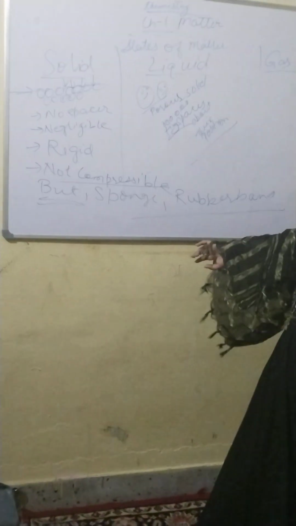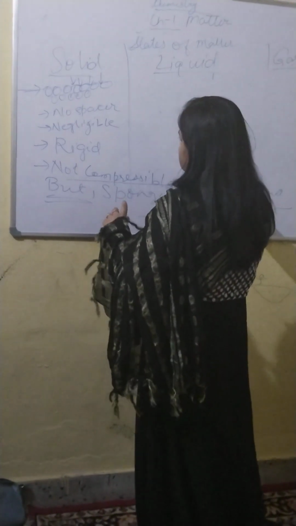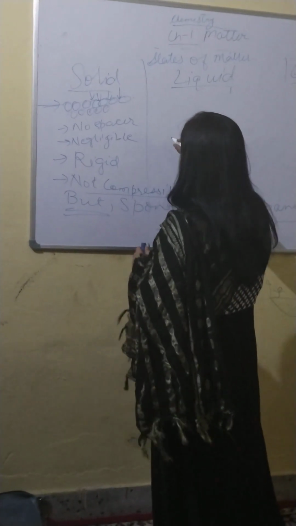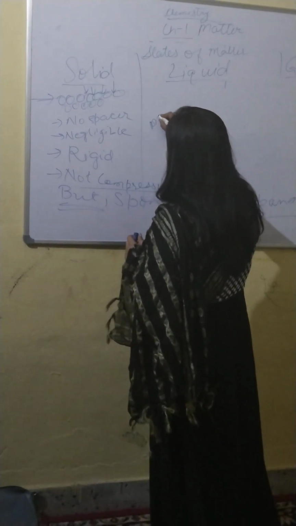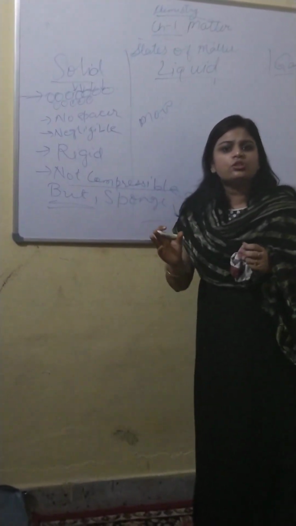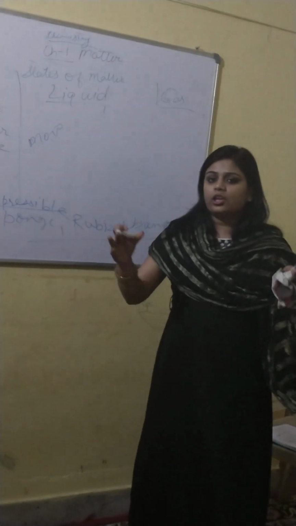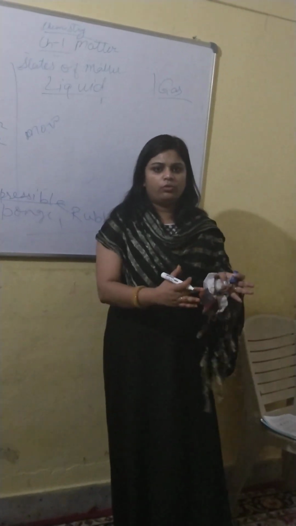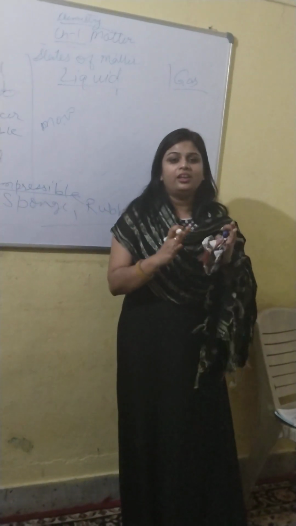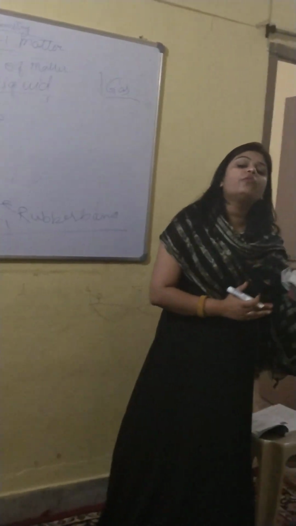If there are fewer spaces in a solid, what will happen? There will be less movement. Movement in a solid will be absolutely negligible. Like if you are sitting in a row, sitting compactly, are you able to move or not?